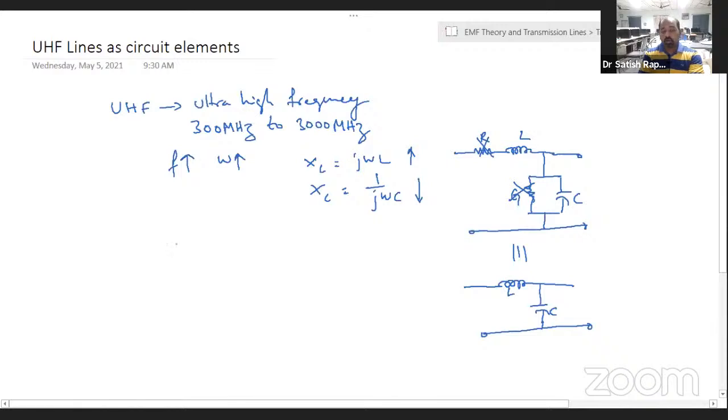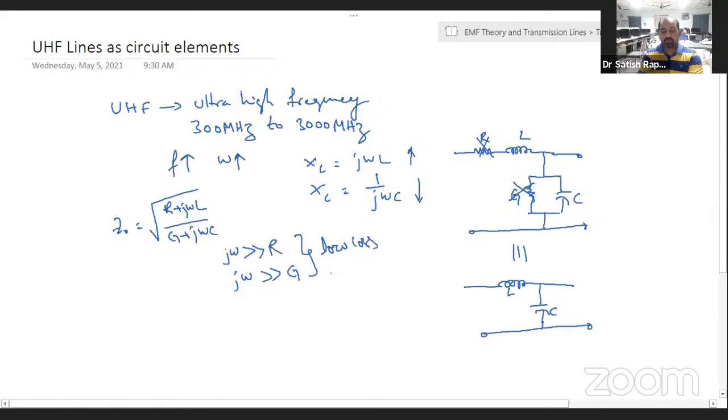At ultra high frequency, if you consider the characteristic impedance that we know, the square root of R plus j omega L divided by G plus j omega C, then omega L is much greater than R, and omega C is much greater than G. In other words, we can consider it a low loss line.